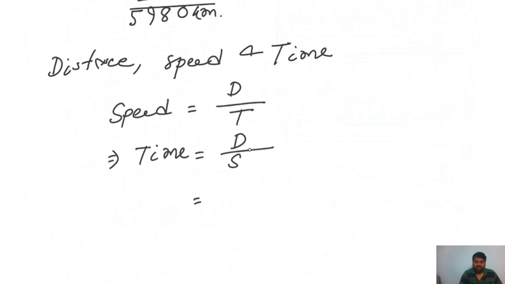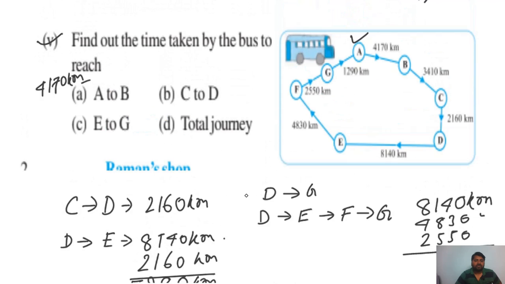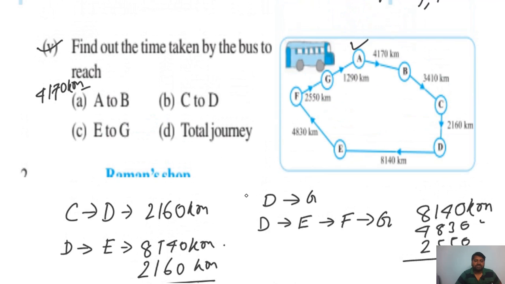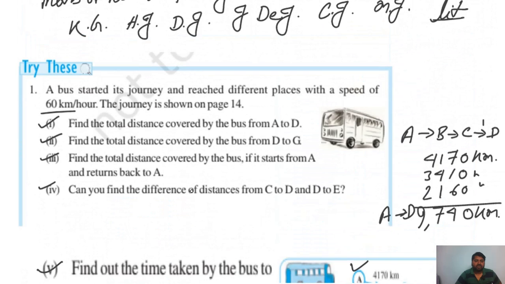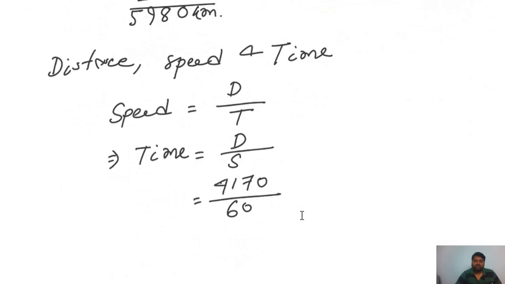Here we know the distance A to B is 4,170, and our speed is 60 kilometer per hour. So for time the unit is hour.